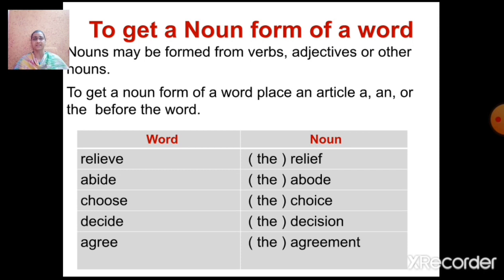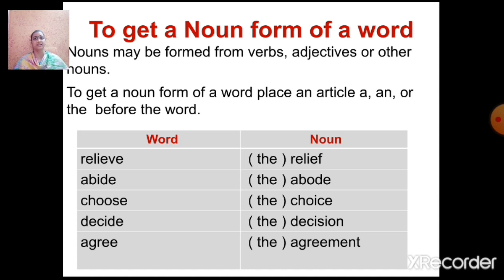Now students, let us see how to get a noun form of a word. Nouns may be formed from verbs, adjectives, or other nouns. To get a noun form of a word, place an article a, an, or the before the word.